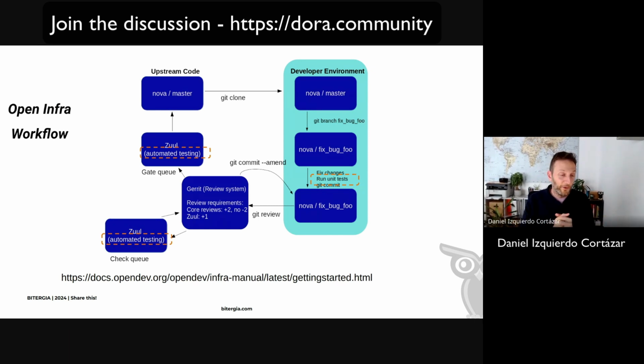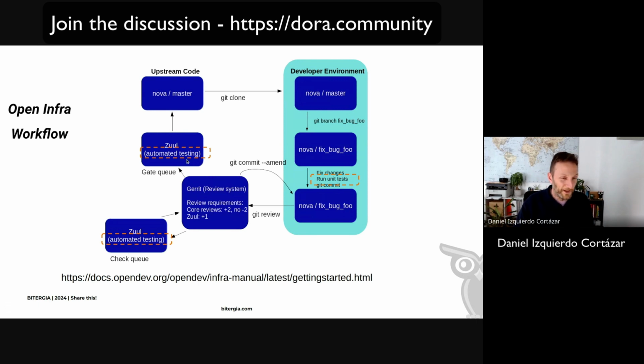So you clone the software from some place, start digging into things, and run unit tests, right? Then, once you are happy with this, you send a change request. Depending on the platform you're using, GitHub or GitLab, in this case OpenInfra uses Gerrit. They may have slightly different processes and namings, but then there is a Gerrit code review process, as you can see here, and then again an automated testing process.